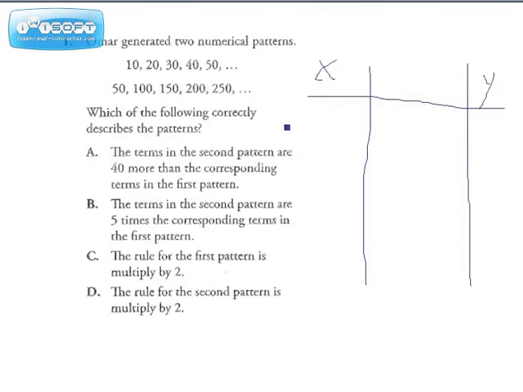And the pattern is 10, then we have 20, 30, 40, and then 50 over here. And then in the Y column, we're going to have 50, 100, 150.